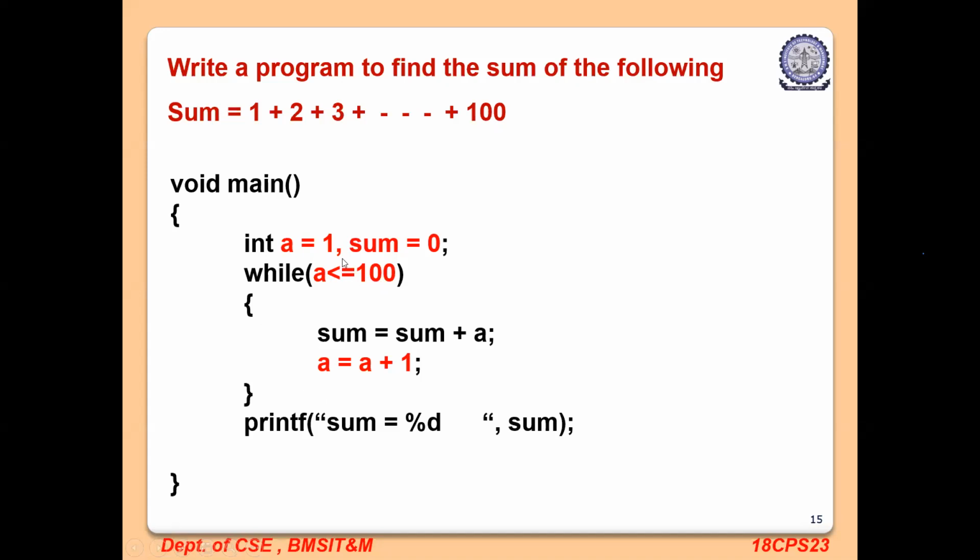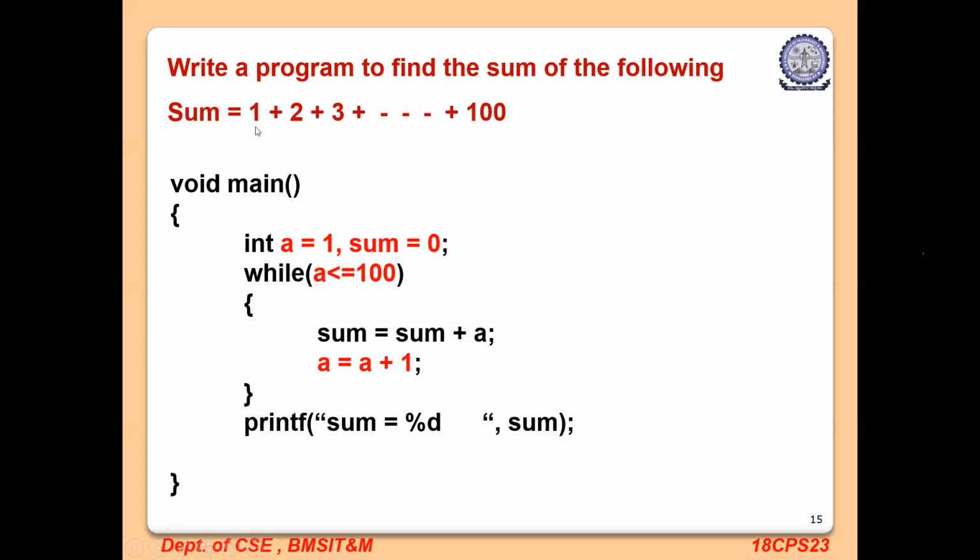Now every time this iterative loop is executed, I am going to add these values to sum. How do I do that? Sum equal to sum plus A. Initially the sum value is 0. I have initialized it to 0. So it will contain 0 in it. So 0 plus the first value of A, which is 1. So 1 plus 0 is pushed into sum.